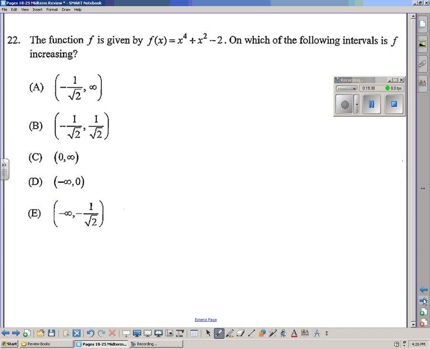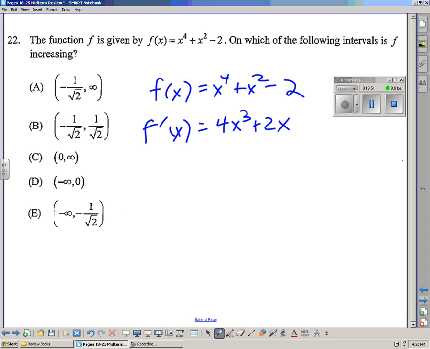All right, number 22, here's our function. Where is f increasing? Well, we need to find f prime to do this job, and we need to find out where f prime is equal to 0. Factoring out a 2x, we'll be left with 2x times 2x squared plus 1 equal to 0.